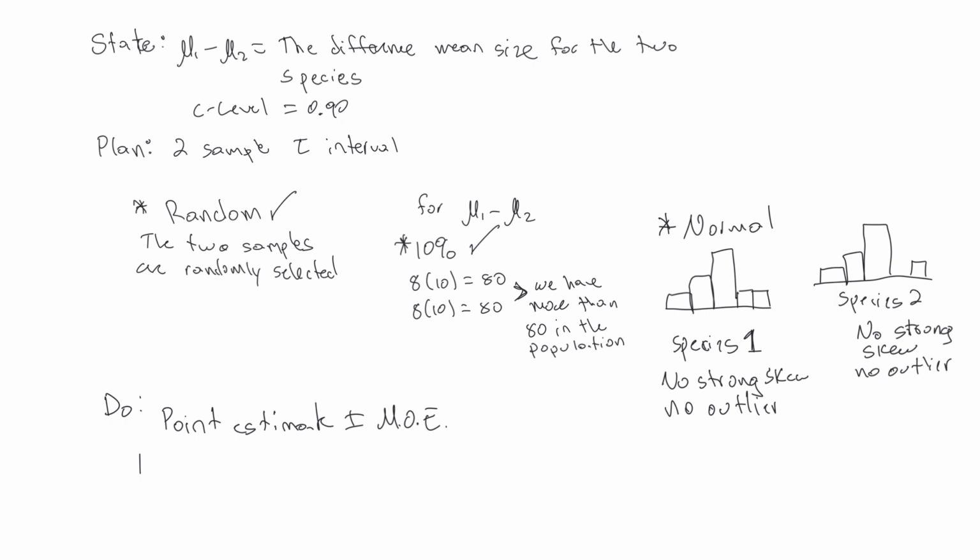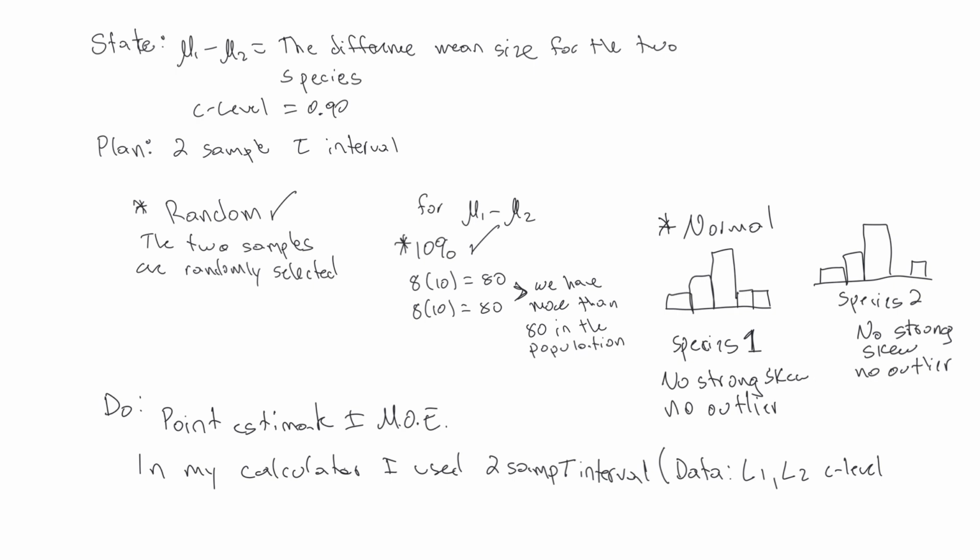But let's go ahead and write down: in my calculator I used a 2 sample t interval, and then you have to explain what you use in your calculator. So I'm going to use data. I have list 1, list 2, and my confidence level is 0.90.